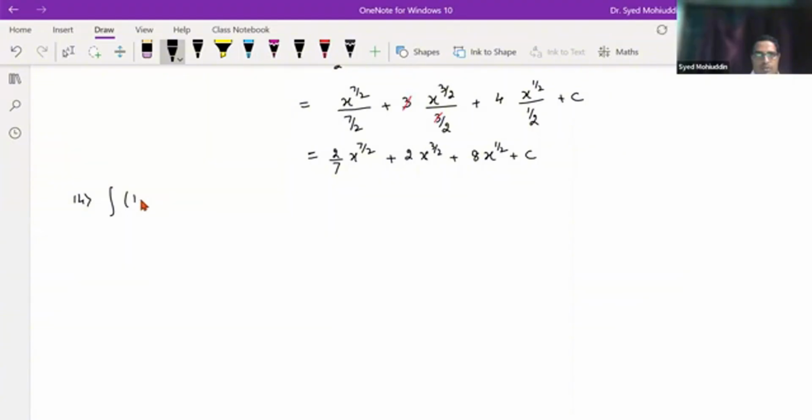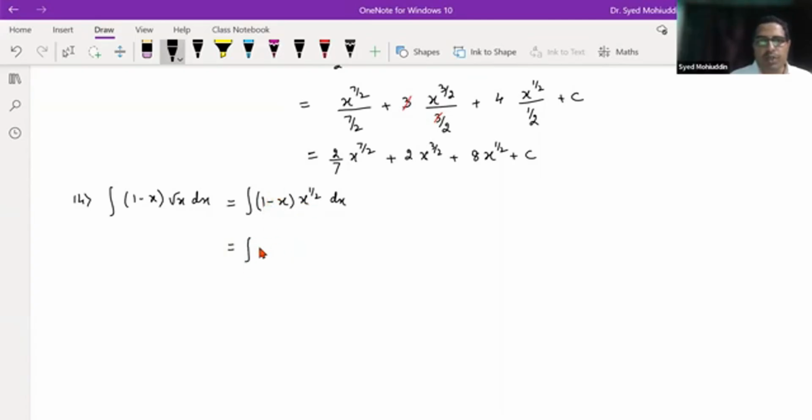Integral of 1 minus x root of x into dx. So this can be written as the integral of 1 minus x, and root always represents power half, dx. Now if you just try to simplify this one, it is the integral of, you multiply this x power of half inside.